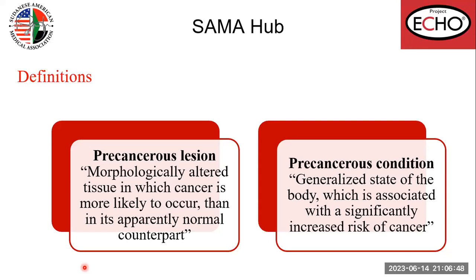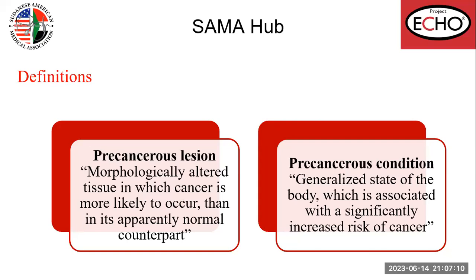While the definition of precancerous condition says that it is a generalized state of the body, which is associated with a significantly increased risk of cancer occurrence. So it's not only specified or localized in one place, it is generalized to the whole body.